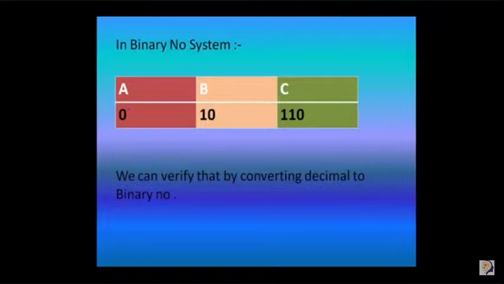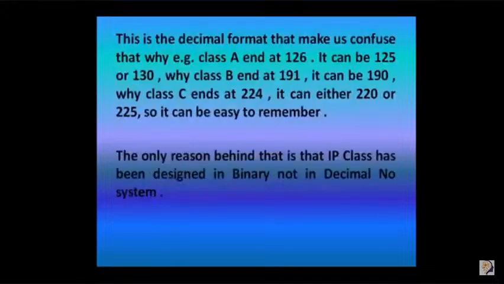If the first bit of the first octet is 0, you can say it's a class A. If the first 2 bits of any IP in binary are 10, it's a class B. And class C IP series always start with 110. You can practice it, you can check it.